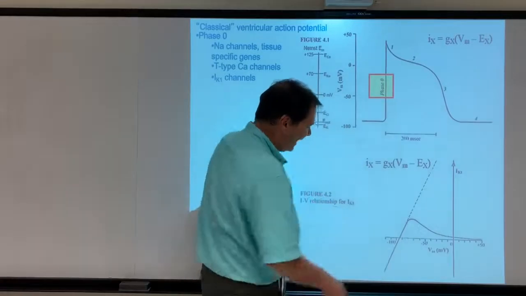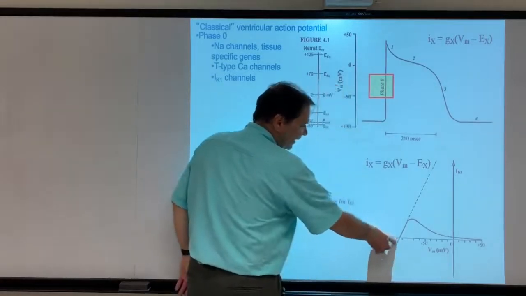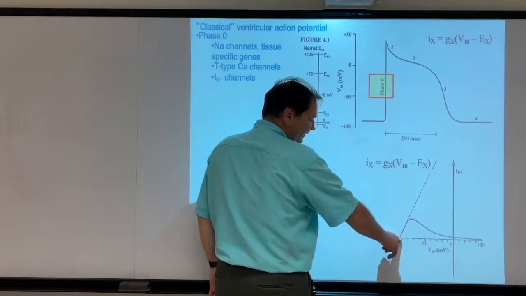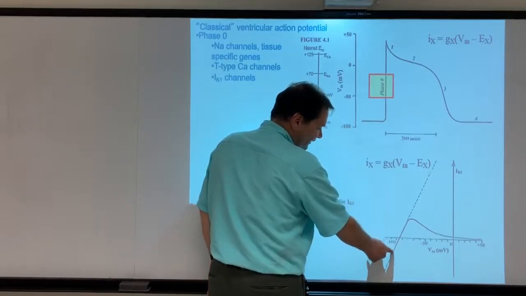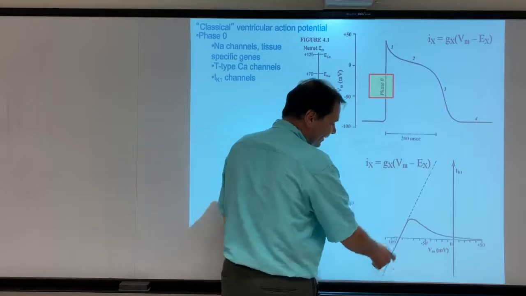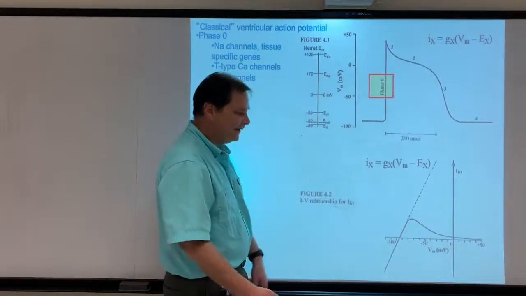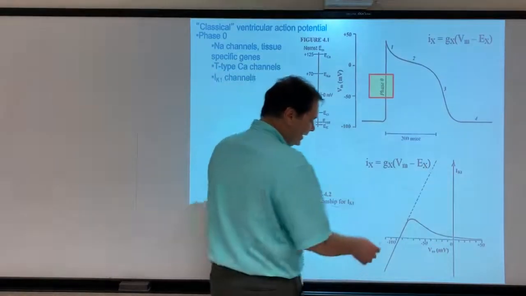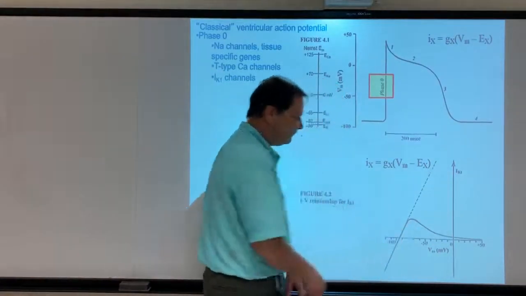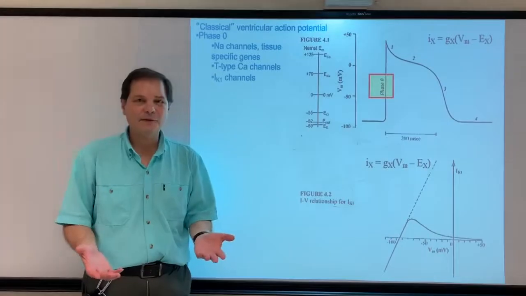And notice what happens. The equilibrium potential for potassium is minus 95. So, you know, at voltages more negative than minus 95, you get an inward current. That is, potassium actually comes into the cell, okay? And beyond minus 95, potassium goes outward, okay?